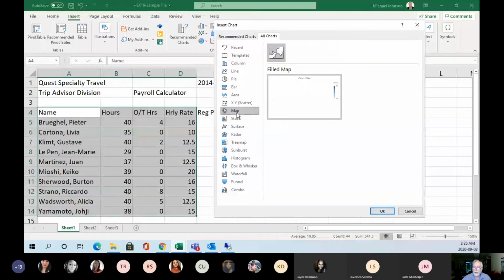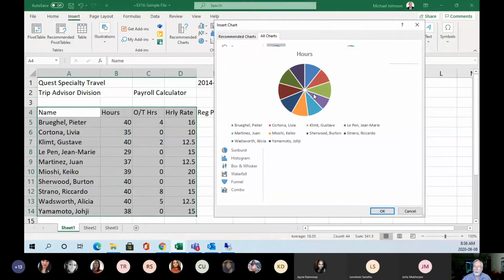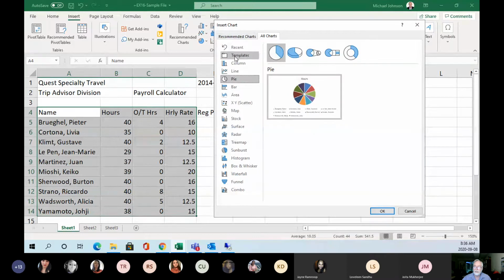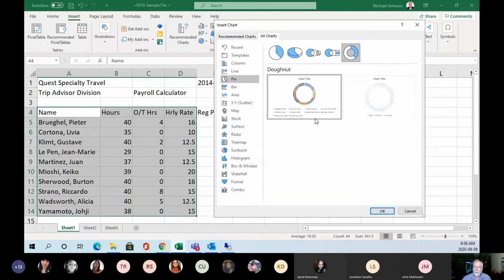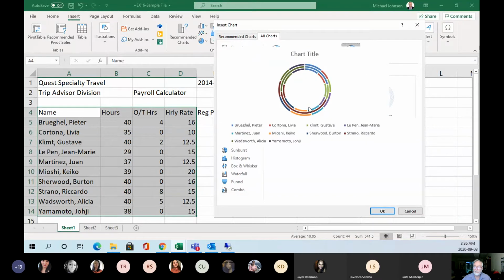Stock maps, and also areas, pie charts. There's our pie chart, a little different to see that kind of stuff. And we can actually use a donut as well. The donut gives us a better indicator as to each and every one of those individuals.